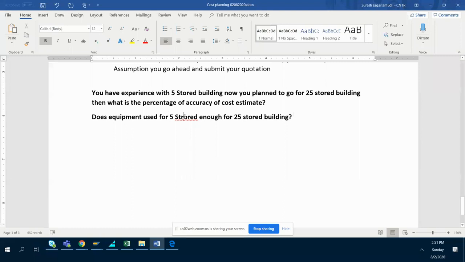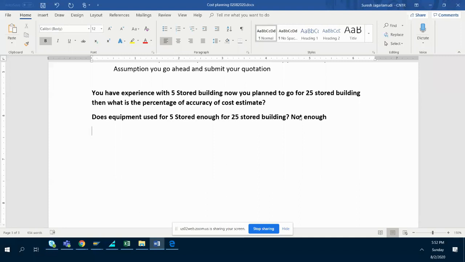It's not enough, sir. We can use some high-level products for this one because it is a 25-story building. Tell me now, in general terms, what is the way you are going to estimate? We may ask for a quotation from the supplier who is going to give us the rent. Then based on that, we will do the calculation.